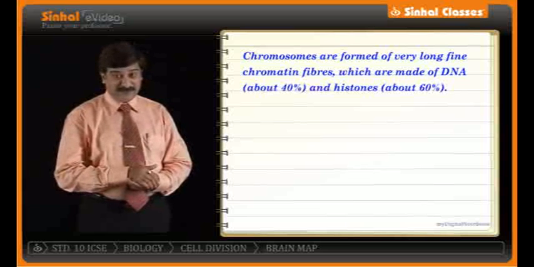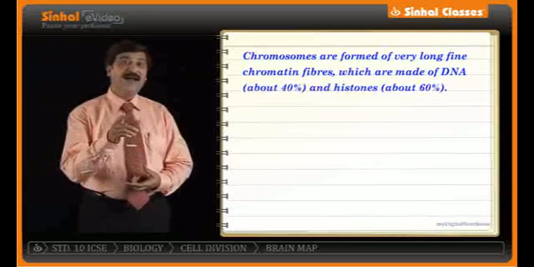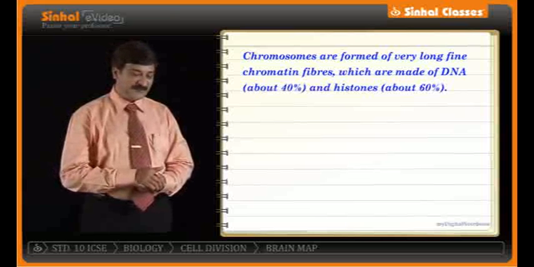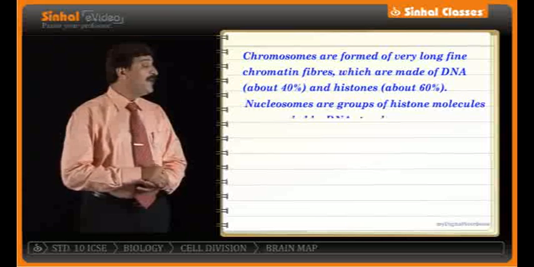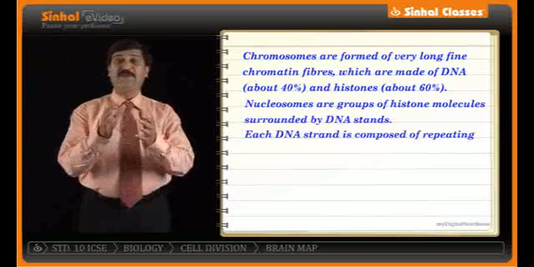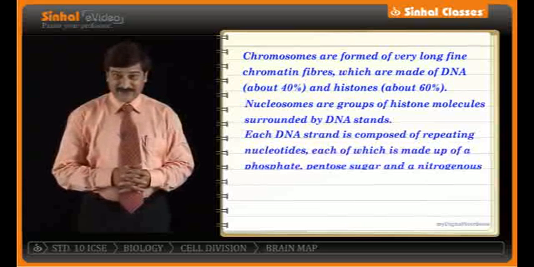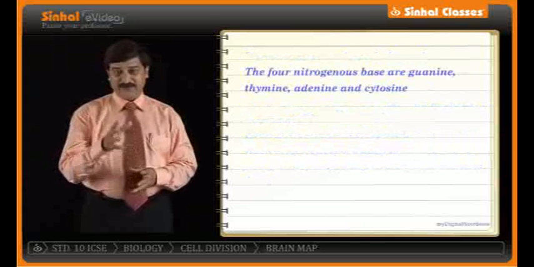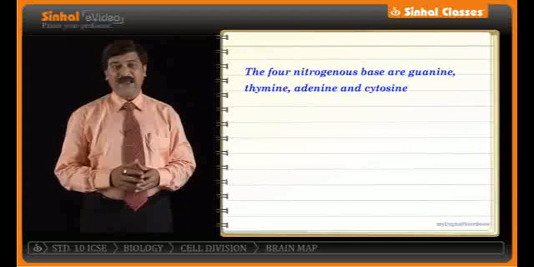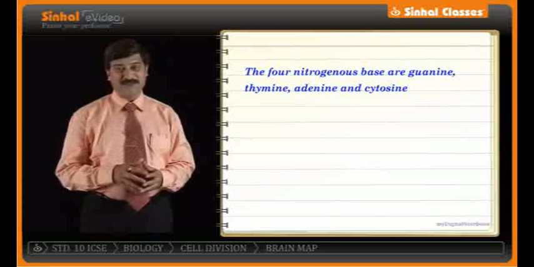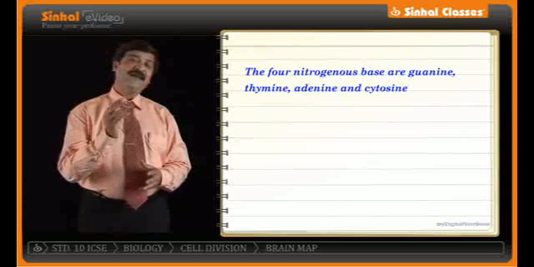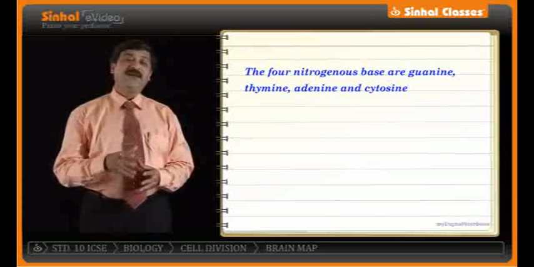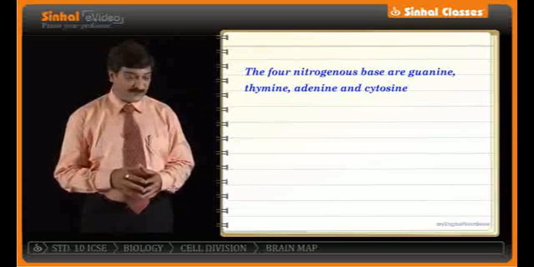Don't forget that percentage: DNA 40% and histones 60%. DNA strands are made up of nucleotides. Don't forget the nitrogen bases: adenine, guanine, thymine and cytosine. The pairing is adenine pairs with thymine, guanine pairs with cytosine.